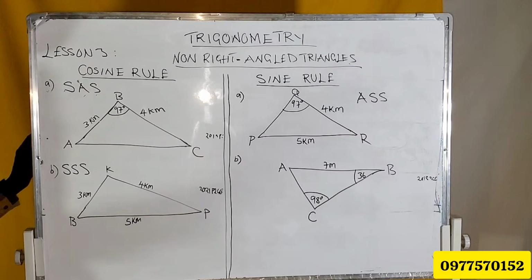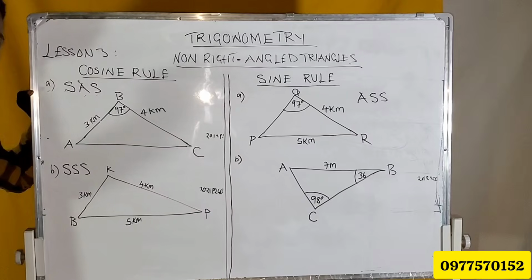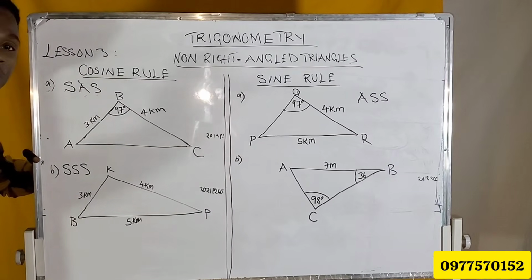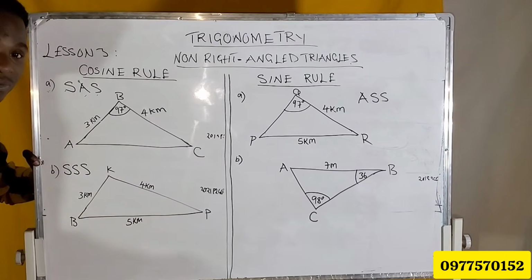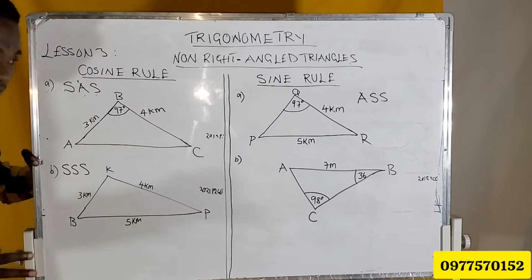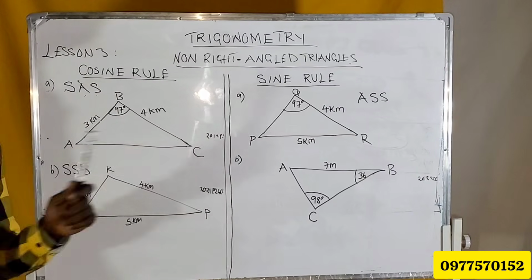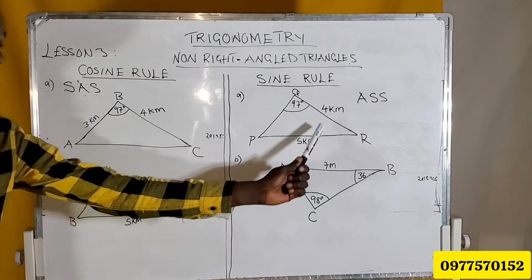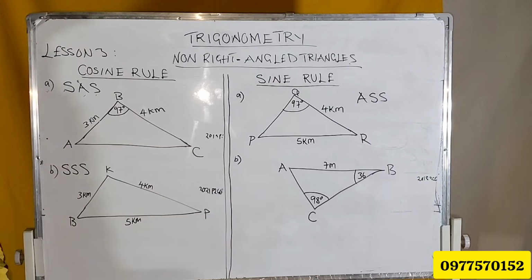Remember, when you're given two sides and an included angle, an angle in between the two sides, we use the cosine rule. When you're given all three sides, we still use the cosine rule. But when you are given two sides and an angle that is not in between the two sides, we use the sine rule.